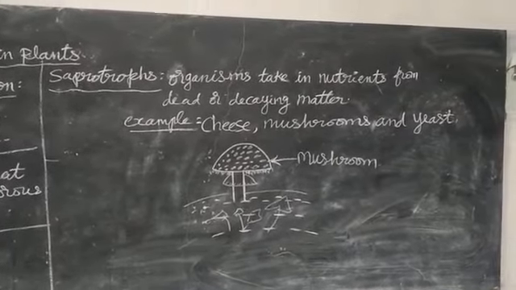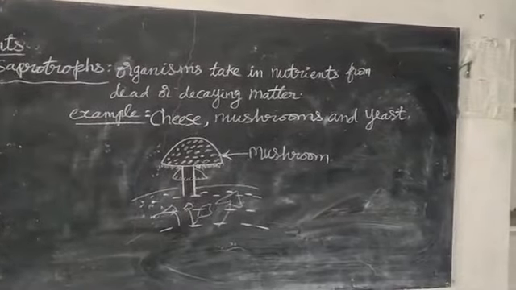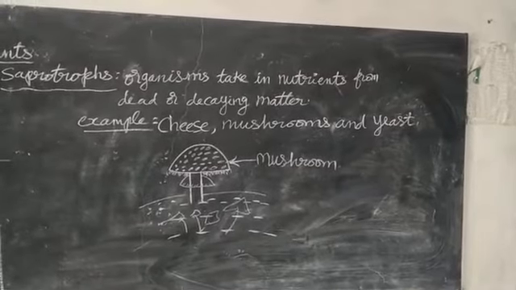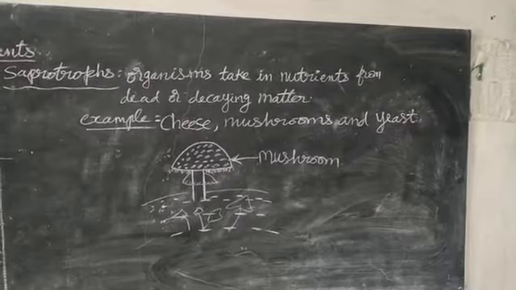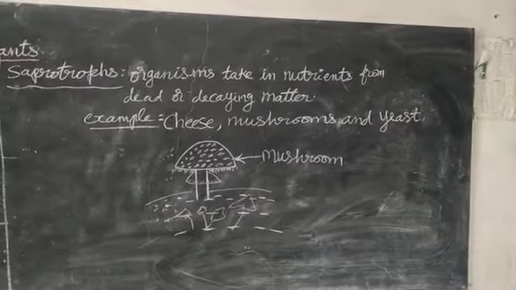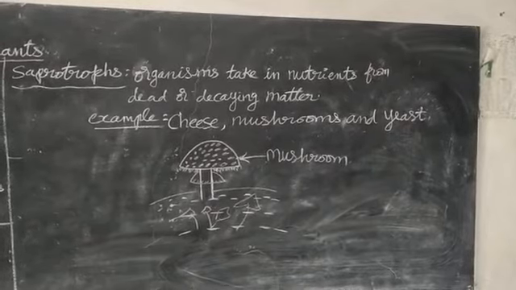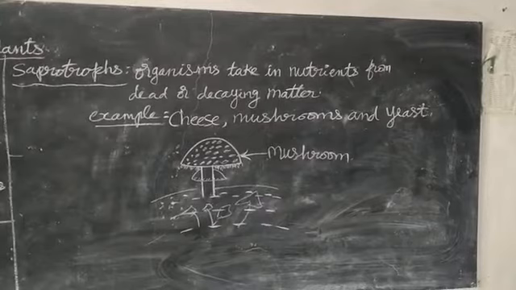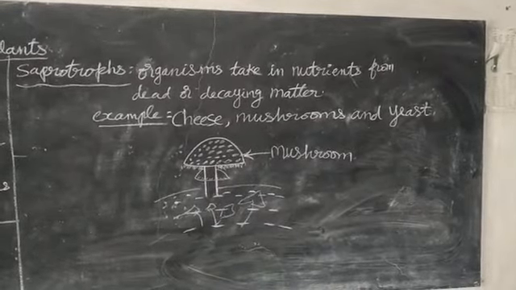What happens? You can observe some small cotton-like white patches grown over that bread. Those patches are nothing but saprotrophs. They are fungus. It is not fit for eating for us. So they are called saprotrophs.